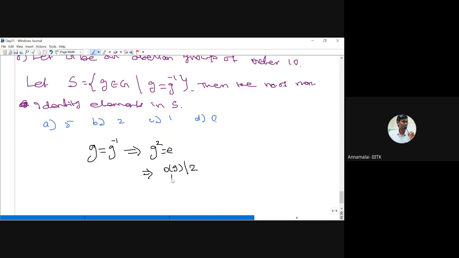Therefore, the possible order is either 1 or 2. We get 1 only when g is the identity, but we don't want the identity element. Therefore, we take the order of g equal to 2. So our aim is to find the number of elements of order 2.